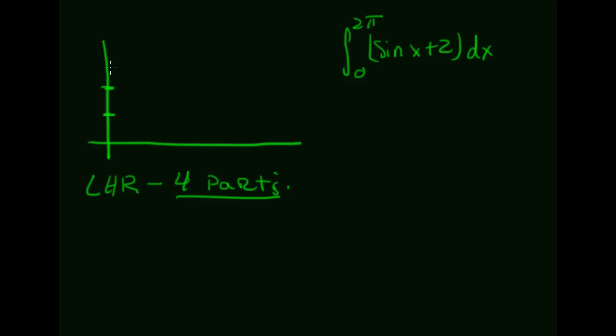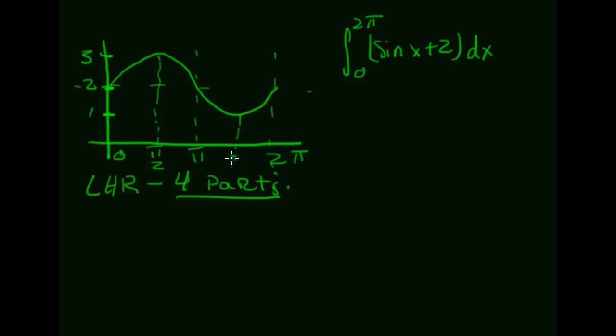I have to go from 1 to 3. Let's be more cautious here. Let's put that there, put that there, and put that there. There we go. That's a more accurate graph from 0 to 2 pi, with marks at 1, 2, and 3. If I build this into 4 partitions, I should have one at pi over 2, one at pi, one at 3 pi over 2, and one at 2 pi.